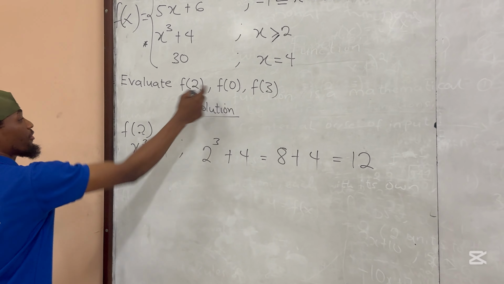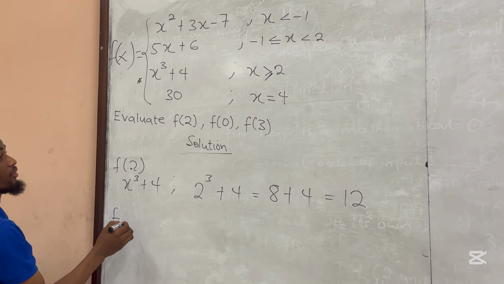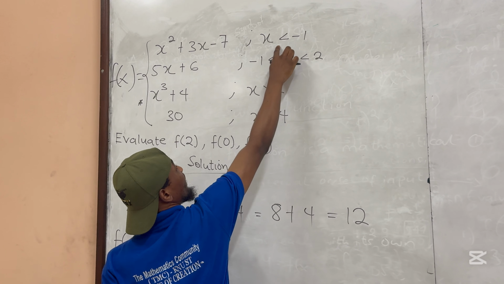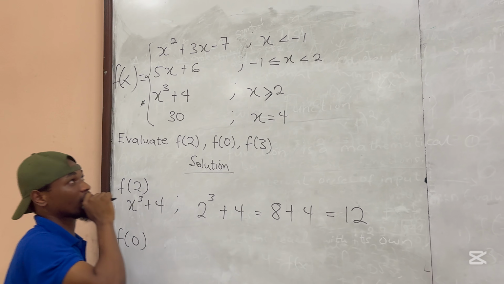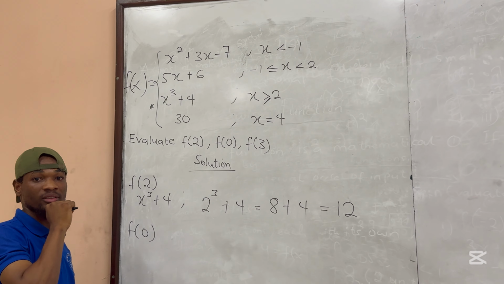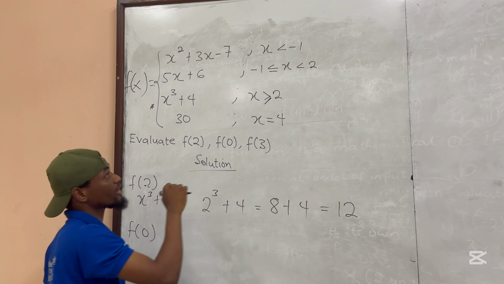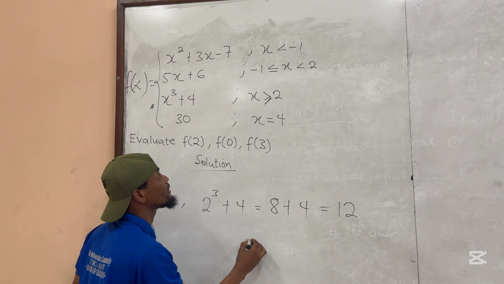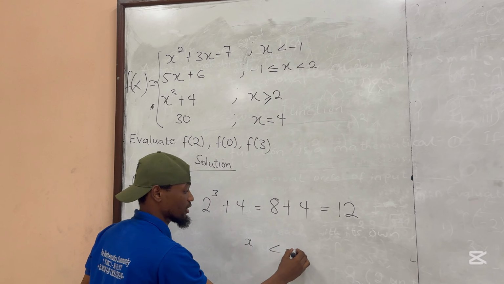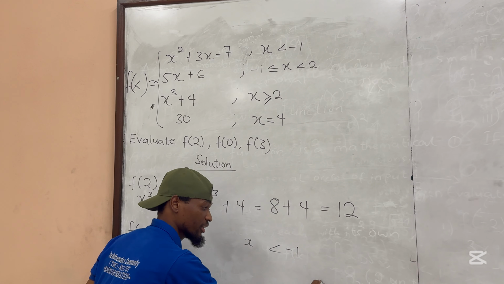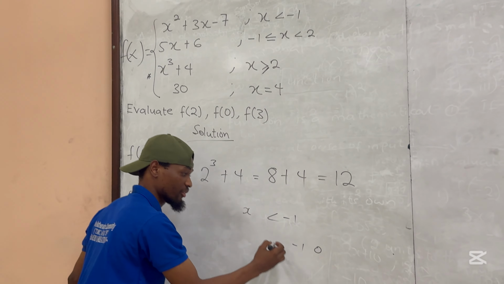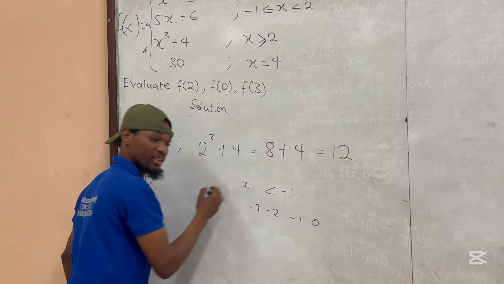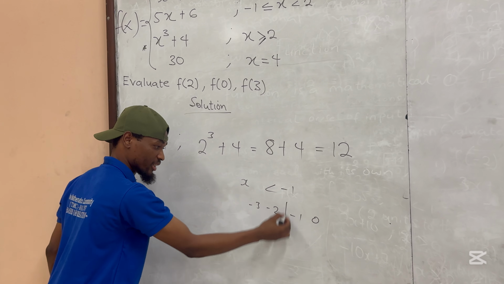Then the second one we have f of 0. Let's see. x < -1. What does it mean? It starts from here: 1, -1, -2, -3.